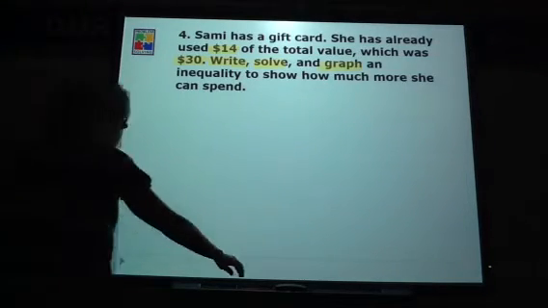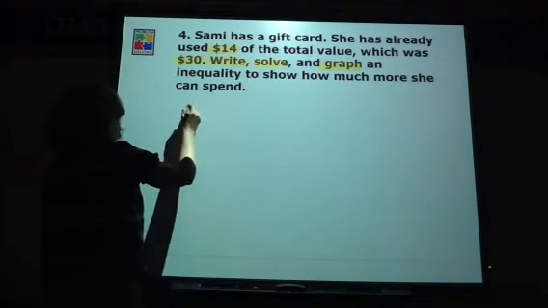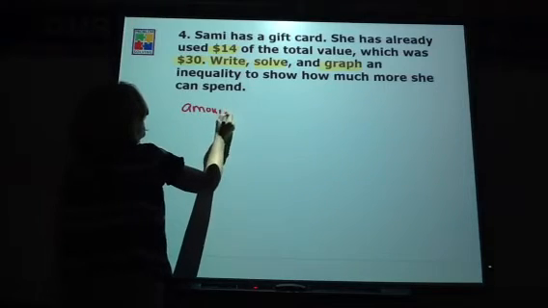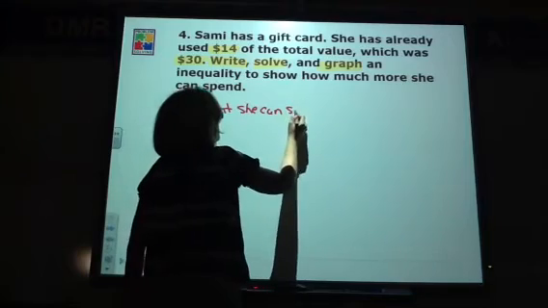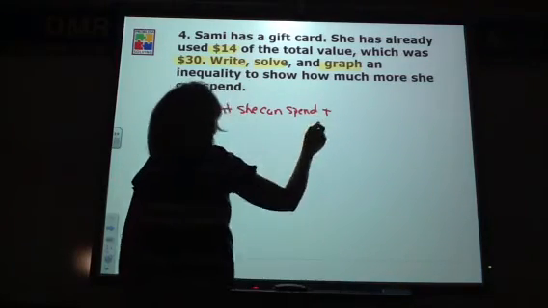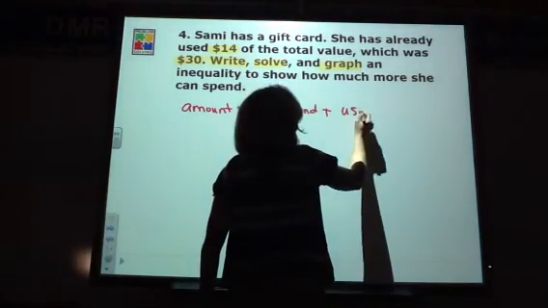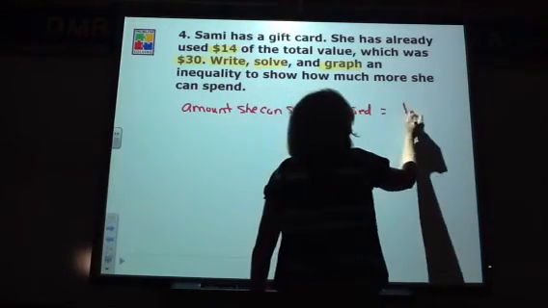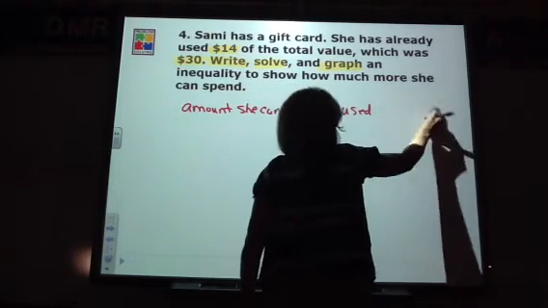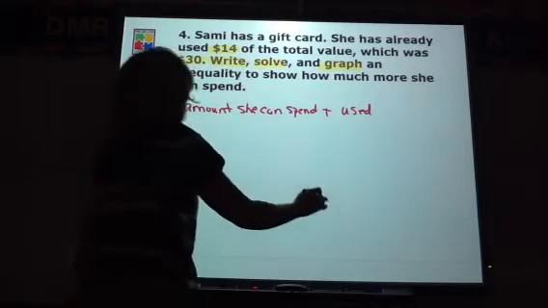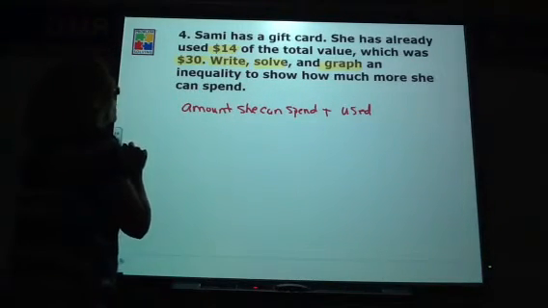Okay, so let's see what this is saying. This is saying that the amount she can spend plus the amount she's already used equals, well, it's not going to equal. Let's see, what's the appropriate word? It says Sammy has a gift card. She has already used $14 of the total value, which was $30.